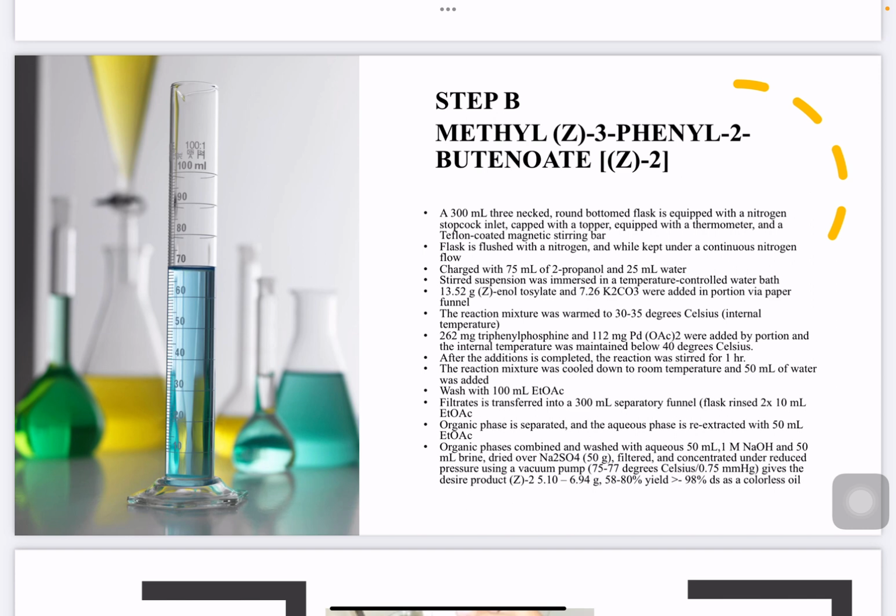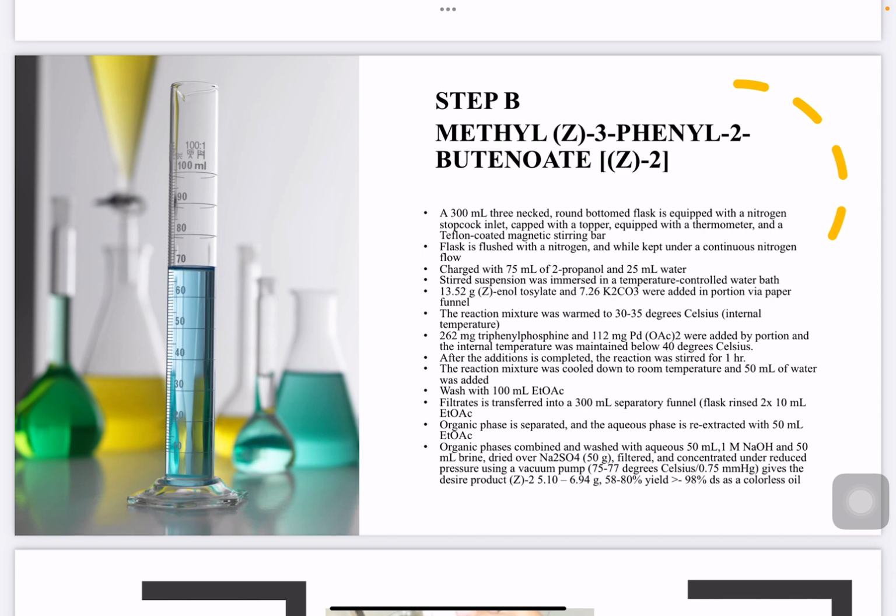The stirred suspension was immersed in a temperature-controlled water bath with 13.52 grams of Z-enol tosylate and 7.26 grams of K2CO3. Those two were added in portions via a paper funnel.